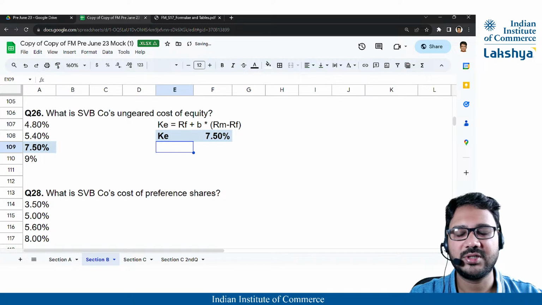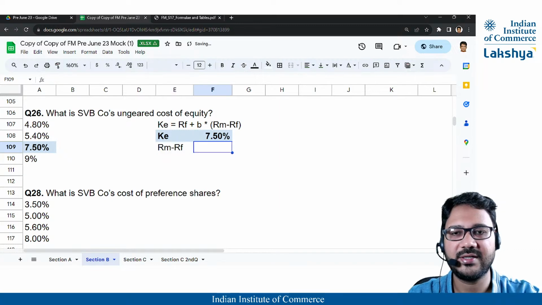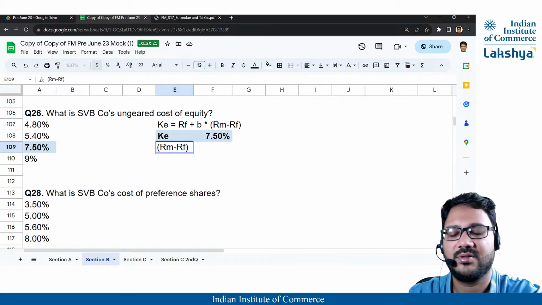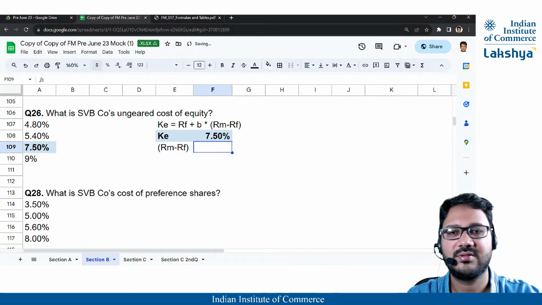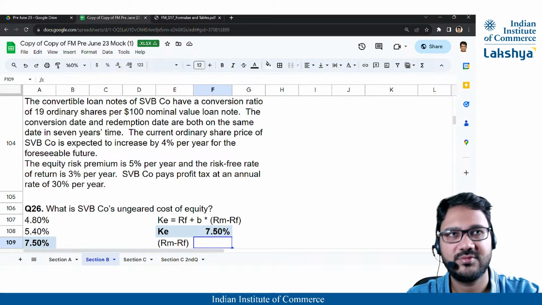Just remember that RM minus RF, the entire thing, put it in brackets, is 5%.